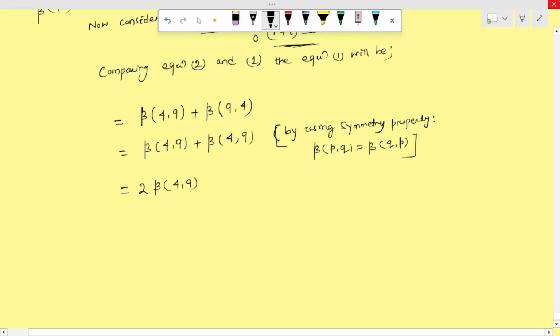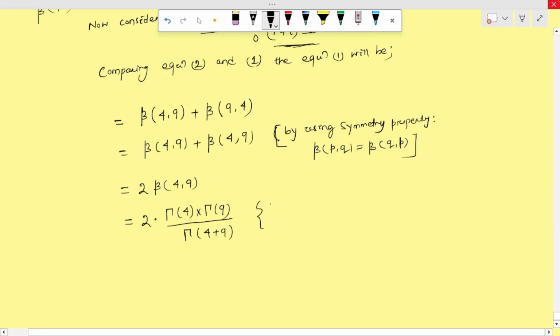Now we are going to use the relation between beta and gamma function. Beta 4 9 can be written as gamma 4 into gamma 9 by gamma 4 plus 9.